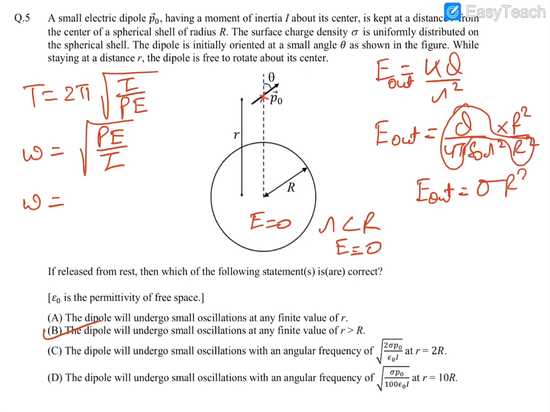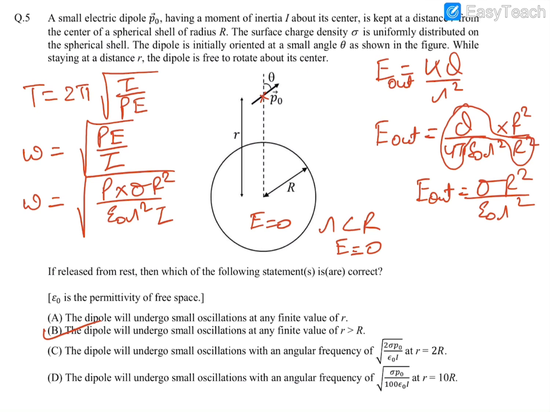So this is sigma R square by epsilon naught r square. In this equation we can substitute the value of E, that is P into sigma R square by epsilon naught r square, and the moment of inertia of the dipole is I.